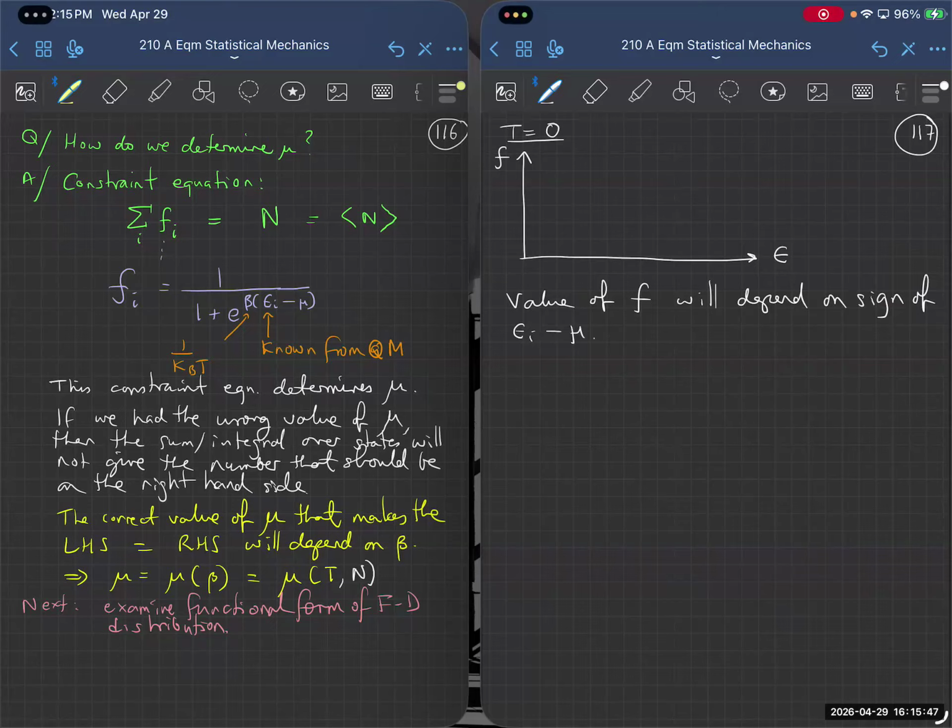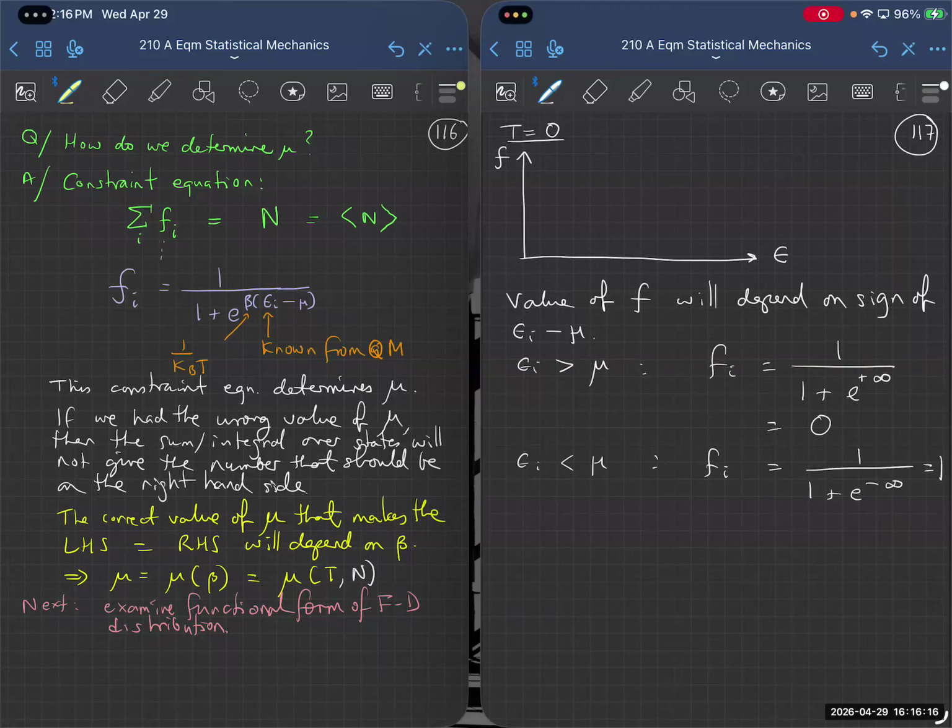If epsilon_i is greater than mu, then f_i is equal to 1 over 1 plus e to the plus infinity, which is equal to 0. And if epsilon_i is less than mu, then f_i is going to be 1 over 1 plus e to the minus infinity, which is equal to 1.